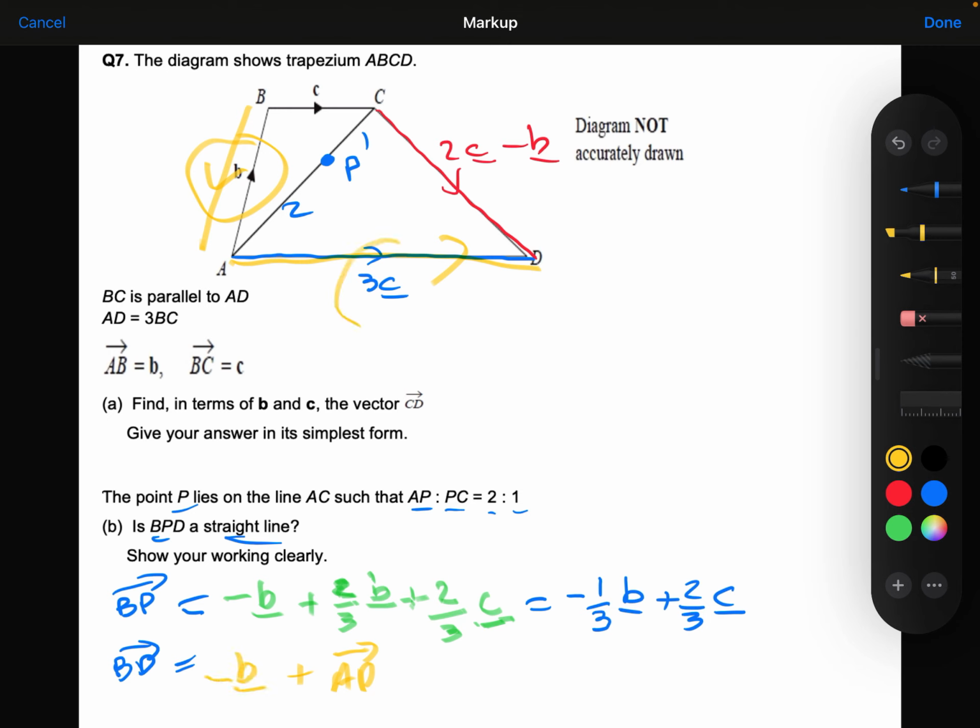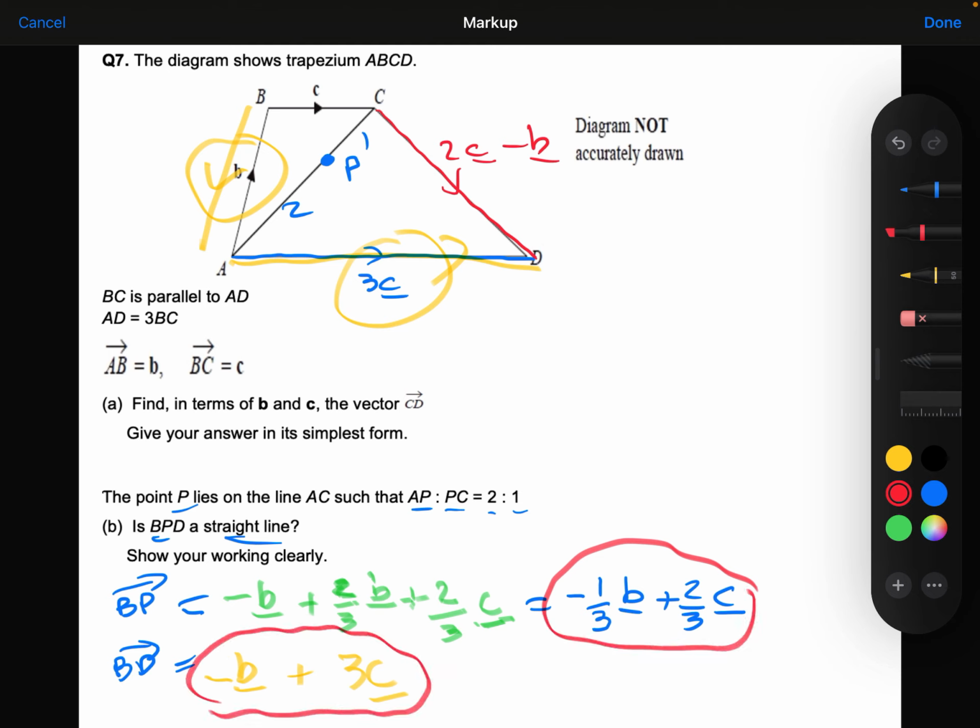The A to D, I know that's 3c. Right, so we have now worked out our B to P and our B to D.